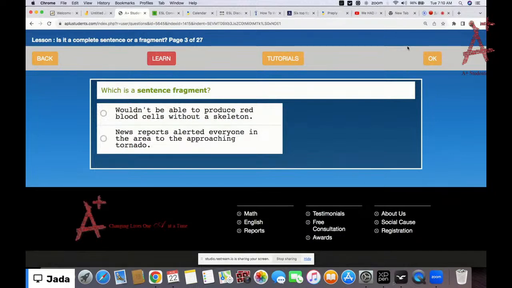The first one is incorrect because "wouldn't be able" — who wouldn't be able? But the second answer says news reports alerted everyone in the area to the approaching tornado. That is a complete sentence because it makes sense. But the first one is what? A fragment.